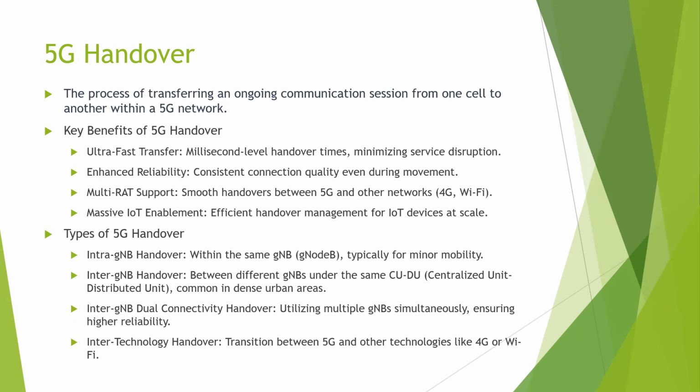Then there's dual connectivity handover, connecting to multiple gNBs simultaneously and ensuring high reliability. And the last one is inter-technology handover, with transition between 5G and other technologies like 4G and Wi-Fi.